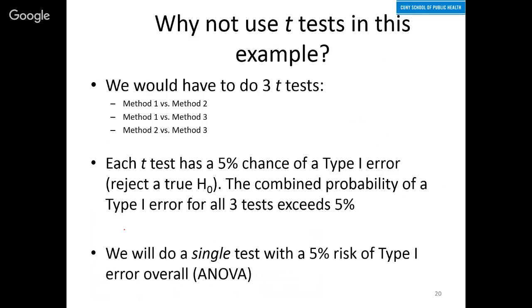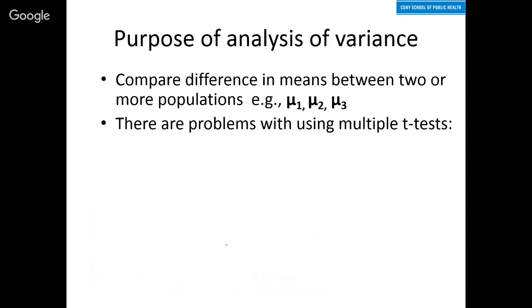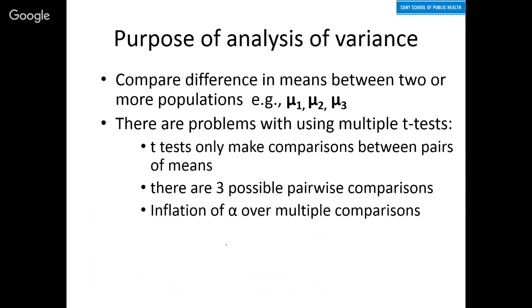You could correct, there are ways to correct for multiple testing, but even at that, you're going to end up with not as powerful or robust of a test as a single analysis of variance done on this data set. So we do analysis of variance to compare the difference in means between two or more populations while avoiding the problems of multiple testing in multiple t-tests.